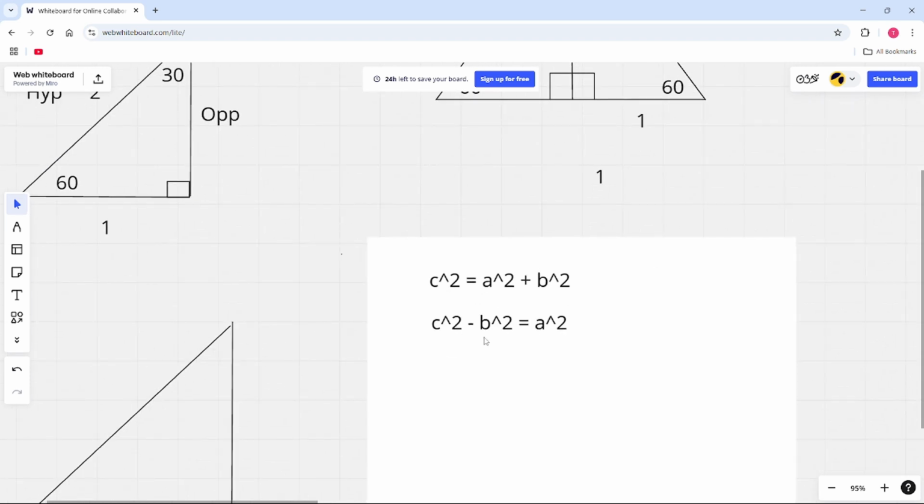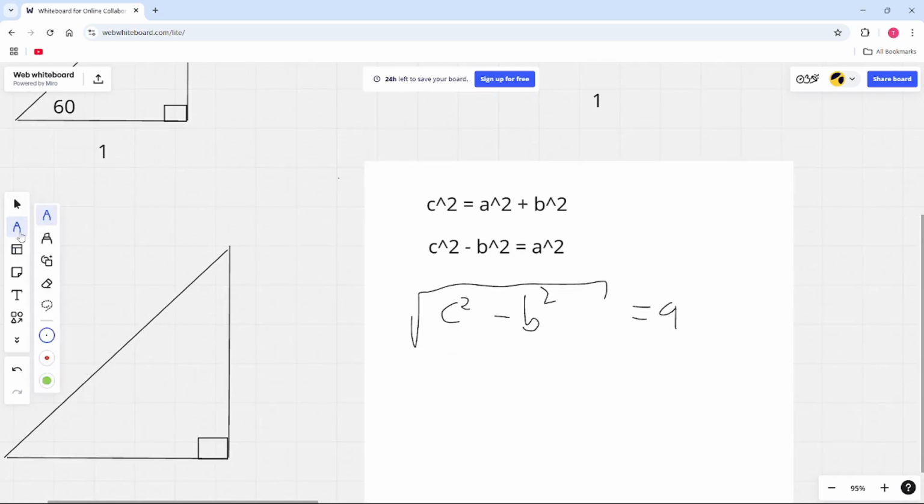Now, to isolate for a, and plug in our values, we'll have 2 squared minus 1 squared is equal to a squared. This will give you root 3.